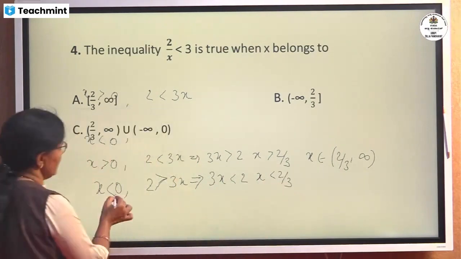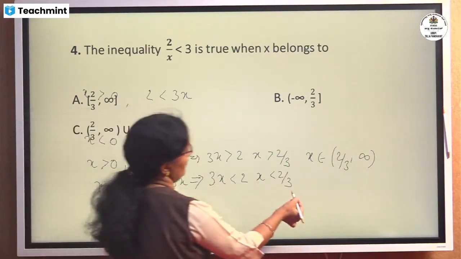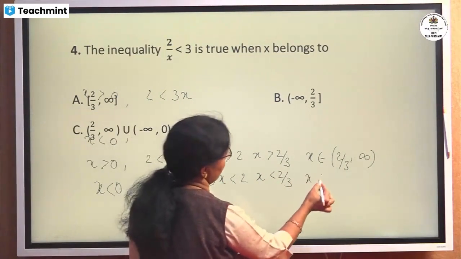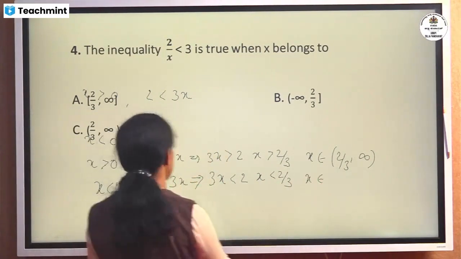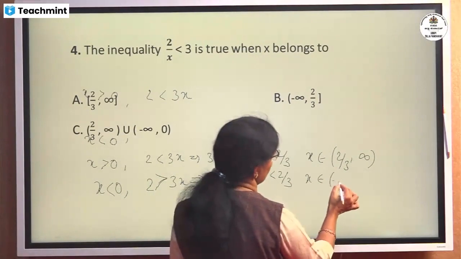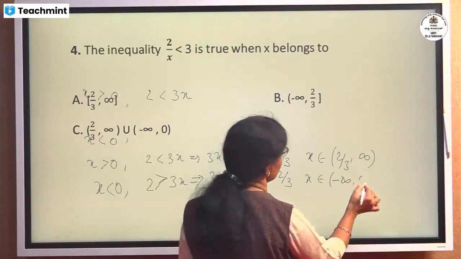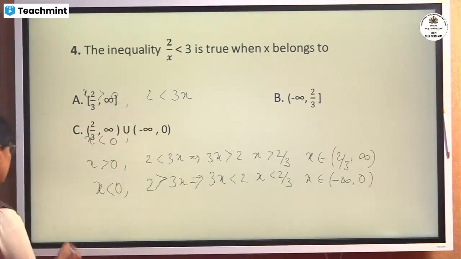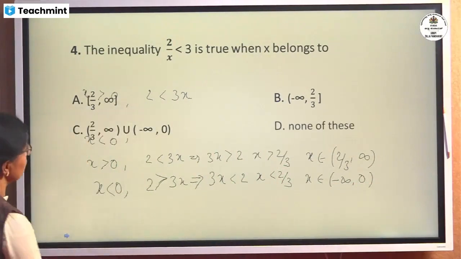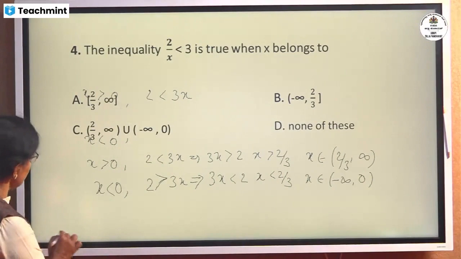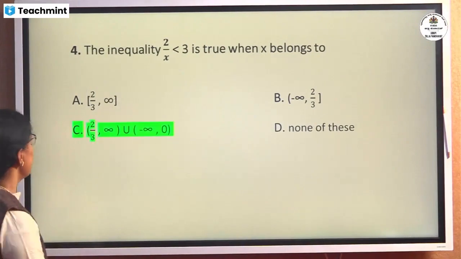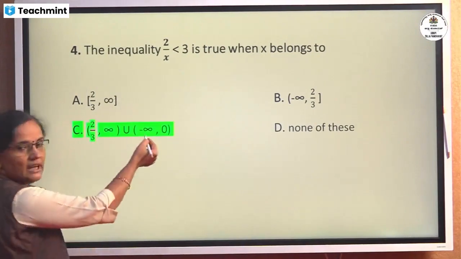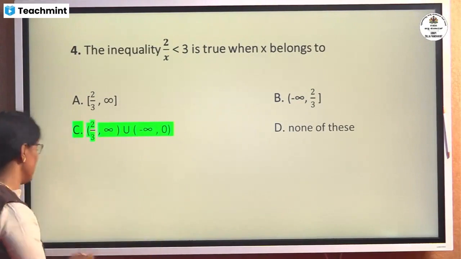X is lesser than 0, x is lesser than 2 by 3, what is the common condition? That is x belongs to lesser than 0, that is minus infinity to 0. So open interval, because strict inequality is there. Therefore the answer is 2 by 3 to infinity and minus infinity to 0. That is the answer.